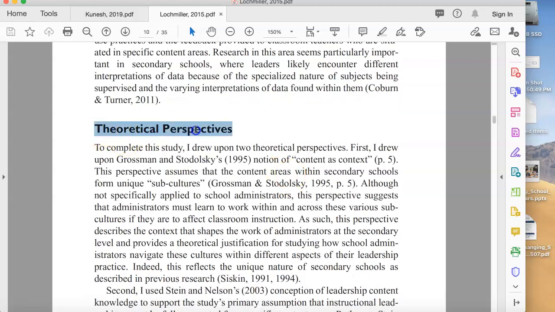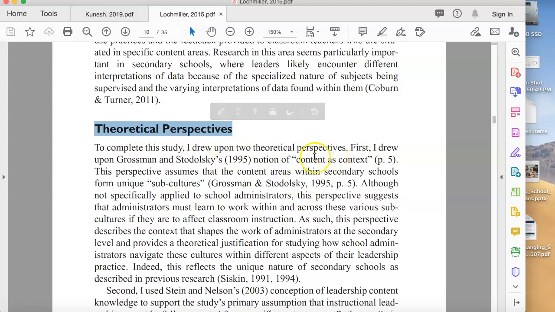With this section, we shift gears again, and this could be a section that says theoretical framework, conceptual framework, theoretical approach, theoretical perspectives. This is basically saying, how am I going to approach addressing the problem that I identified at the very beginning of the article.